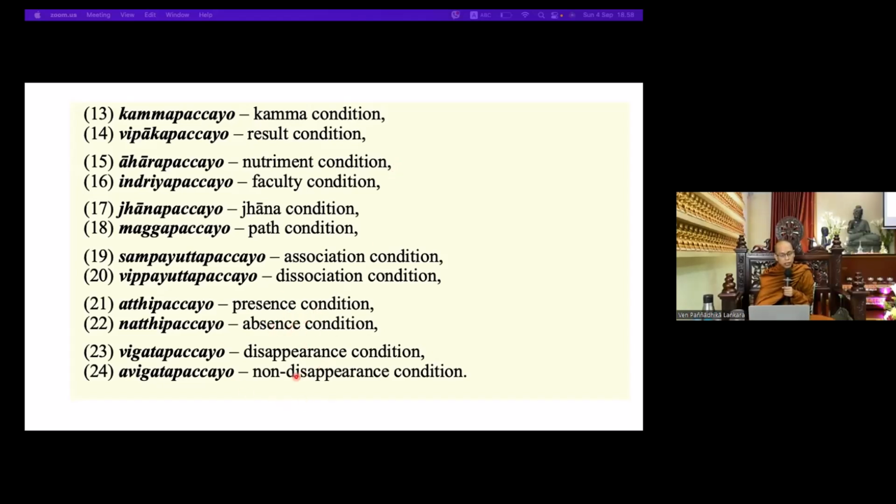So they are almost the same, Atthi and Avigata. When it is present, it is not disappearance. And when it is absent, it is disappearance. So in this way, they are connected. The detailed explanation will be given in the next lessons when we study the Pathananaya.